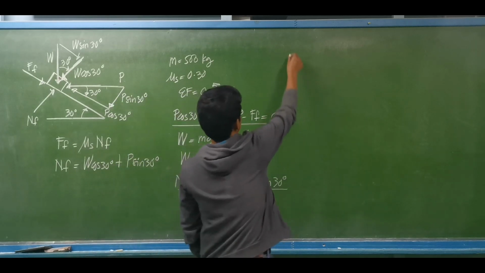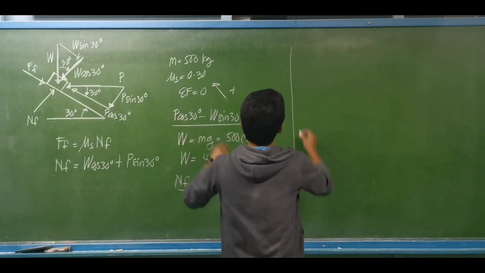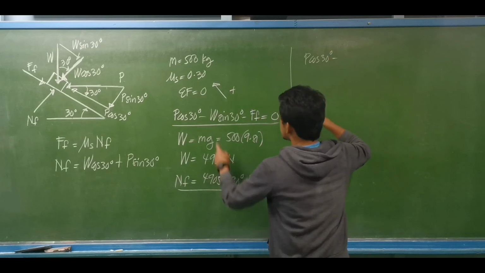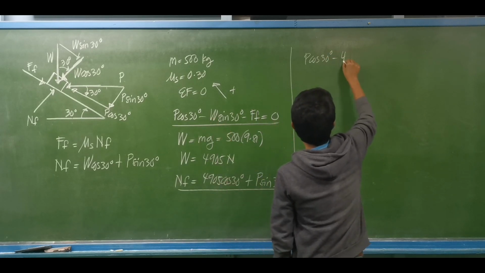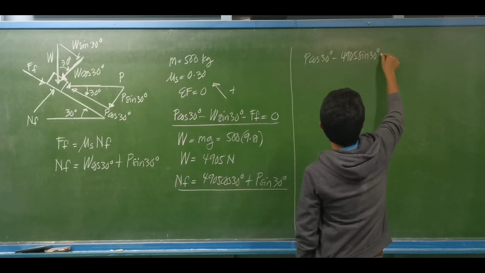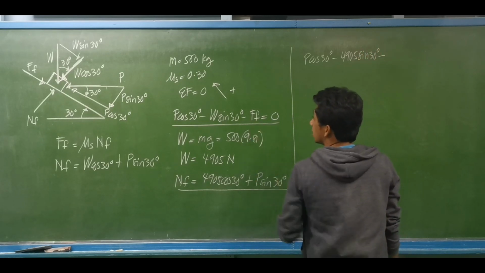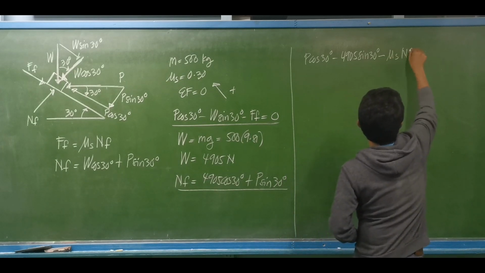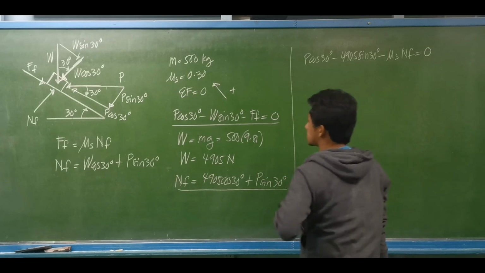So let us compute for the force P. This is P cosine of 30 degrees, minus the weight, this is 4,905 sine of 30 degrees, minus our frictional force, that is mu static times the normal force, equal to 0.